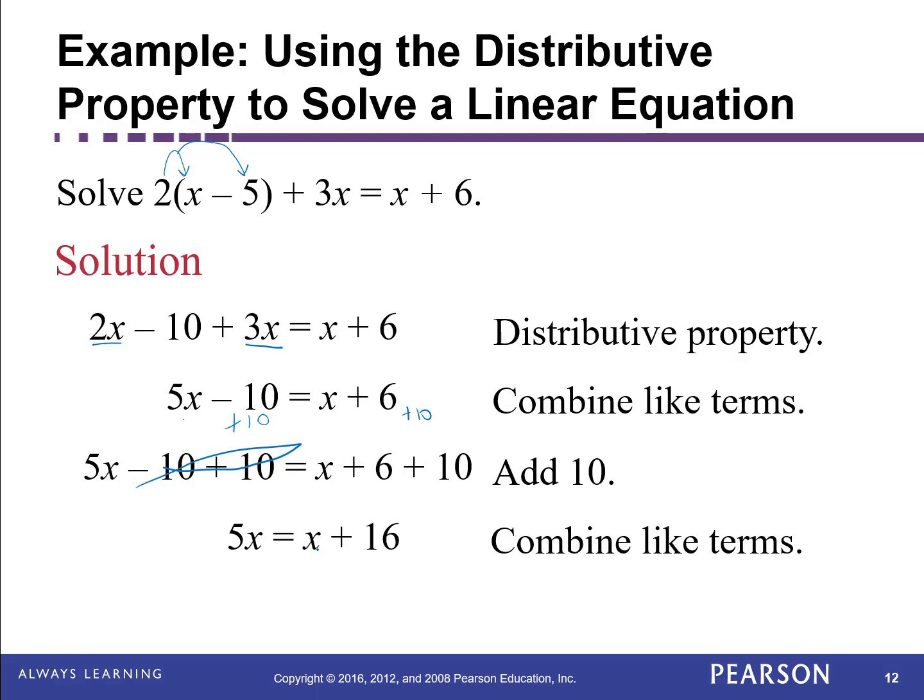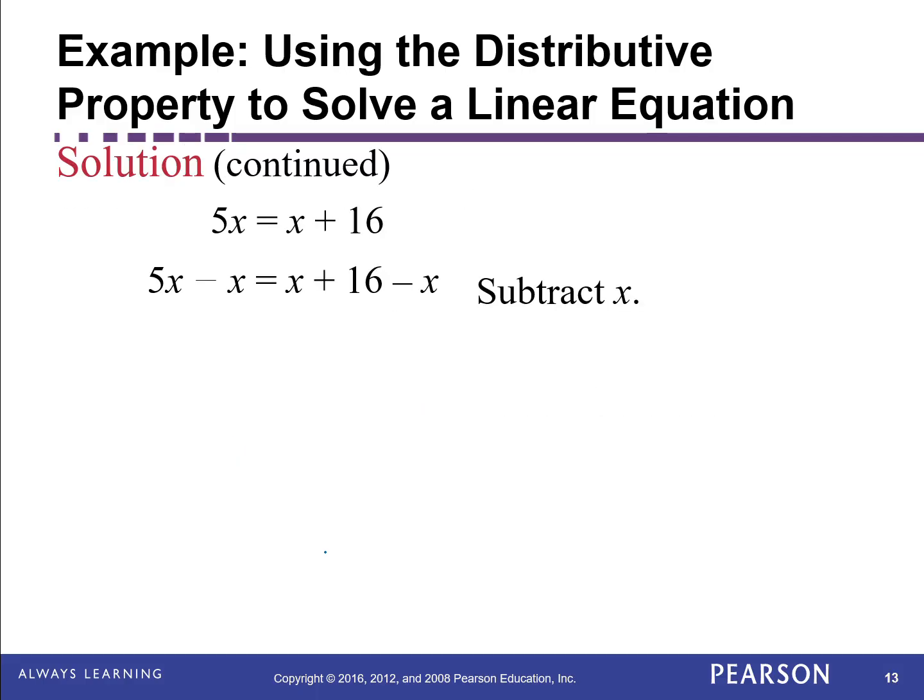Now what I need to do is get my x's together. So what I need to do is subtract the x from this side over to this side. So I get 5x minus x equals x plus 16 minus x.